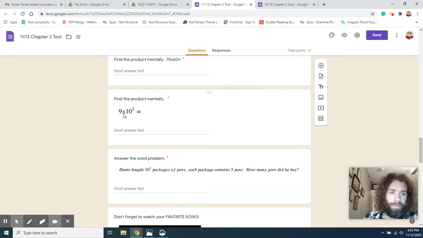Now, you can think of this two ways. You can either think that the 3 is going to mean that we have 3 zeros here, which is fine. Or you can actually break this up, you would need scrap paper for this, but you can think of this as 10 times 10 times 10.